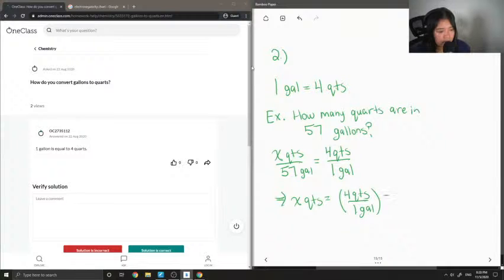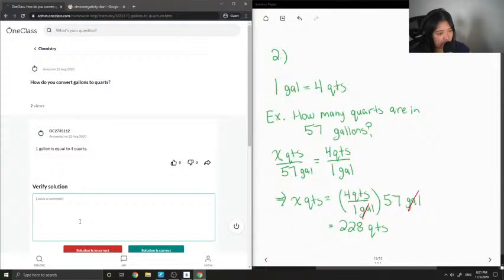And if you did it right, your gallons should cancel out, and you're left with a value in quarts. So basically, this is 57 times 4, which is 228 quarts. Okay, so let's see what our junior tutor said. They simply just said 1 gallon is equal to 4 quarts, which is correct.